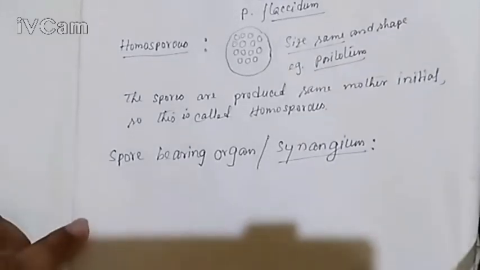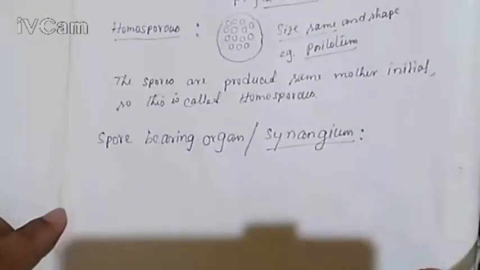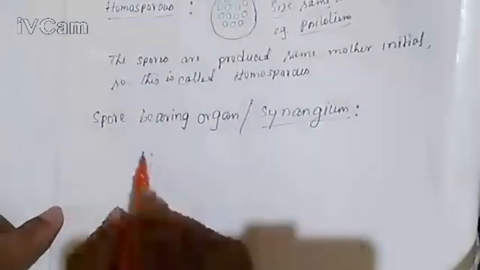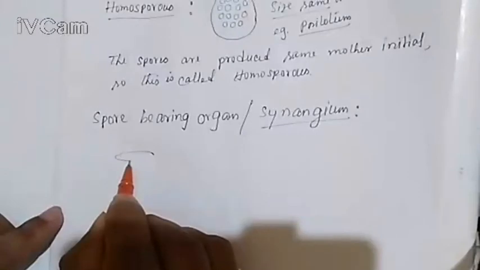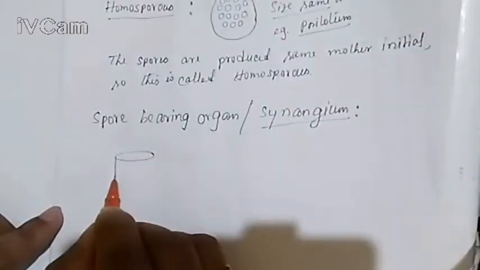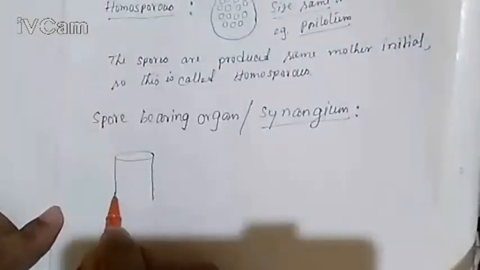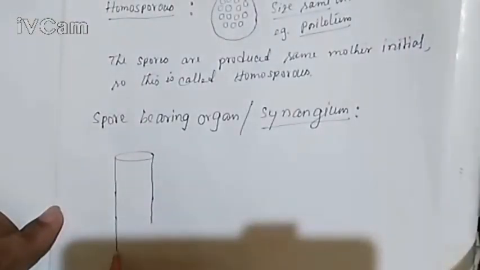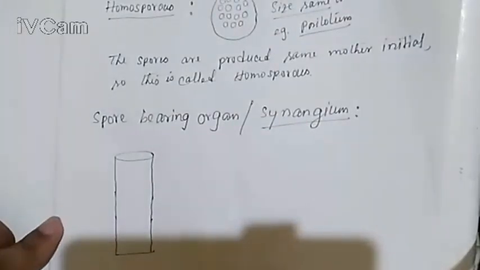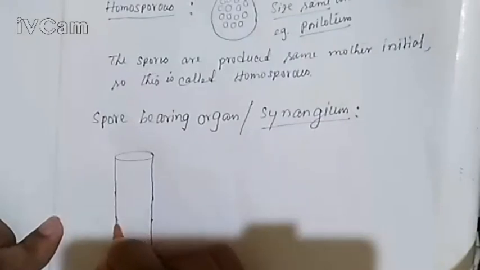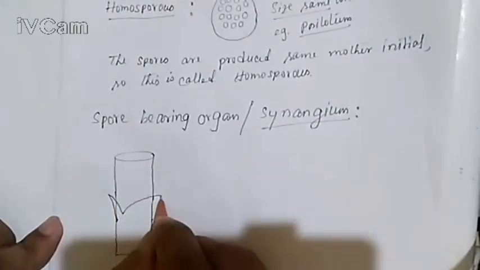You know the sporangium, better to say synangium, develops on the plant body. This is the plant body. In this plant body, a spore bearing organ is developed.